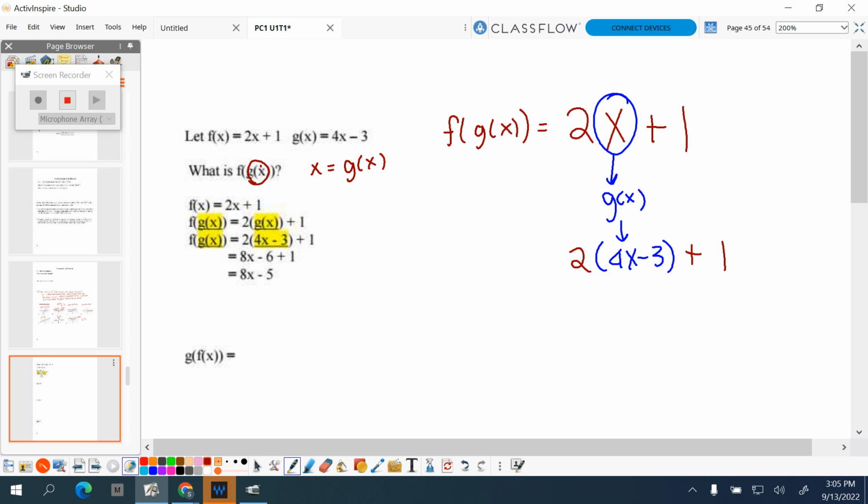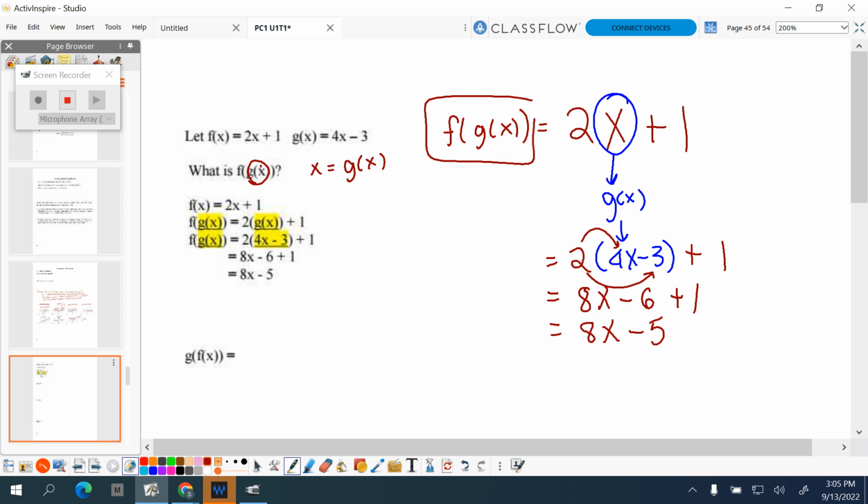So now it's just a matter of simplifying. So 2 times 4x's is 8x's. 2 times a negative 3 is a negative 6. Plus a 1 equals 8x minus 5. And another way we write this part is we might say f of g. Same thing.